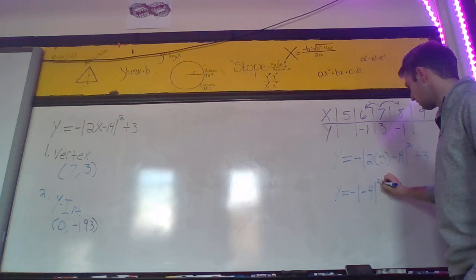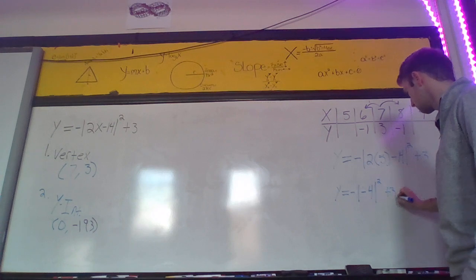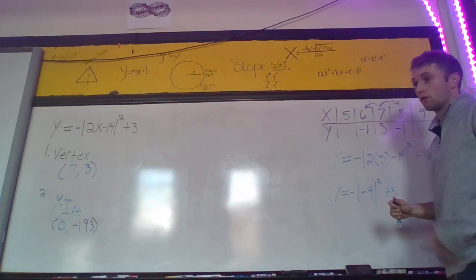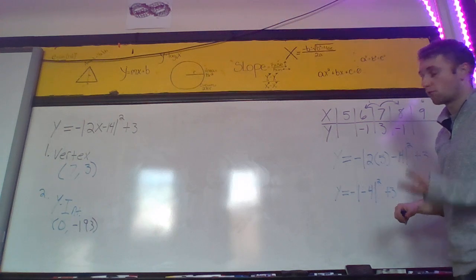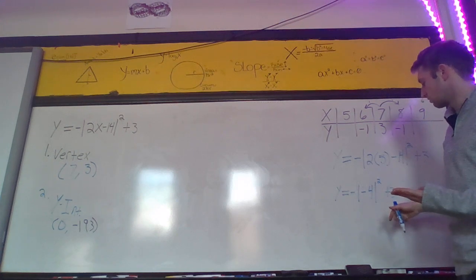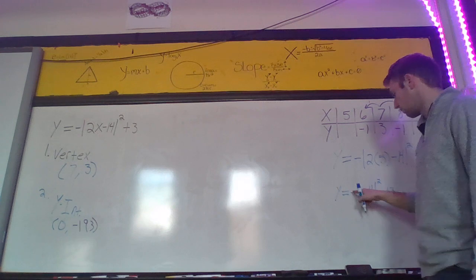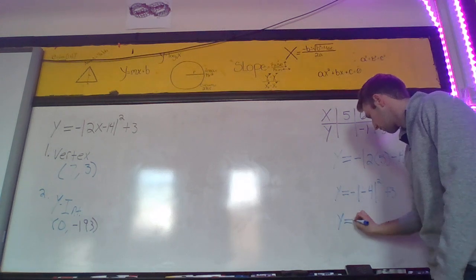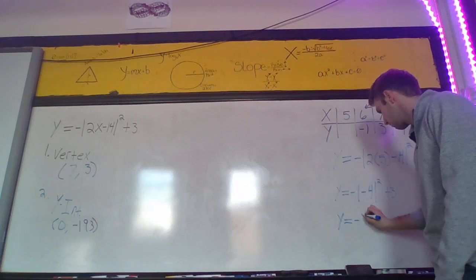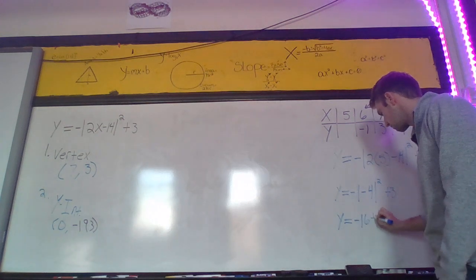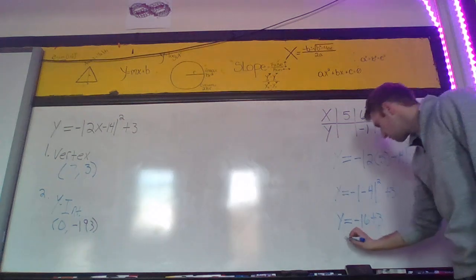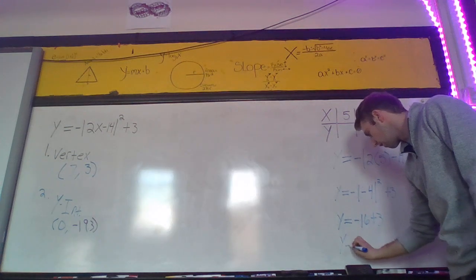We have the absolute value squared plus 3. What is the absolute value of negative 4? It's 4. 4 squared is 16, and that negative symbol out in front makes it negative. So negative 16 plus 3. What's negative 16 plus 3? That gives us negative 13.